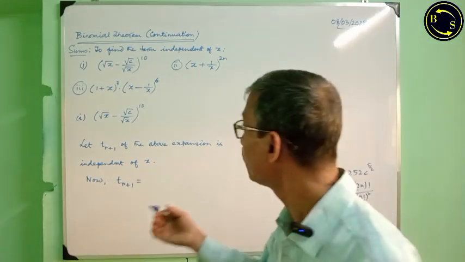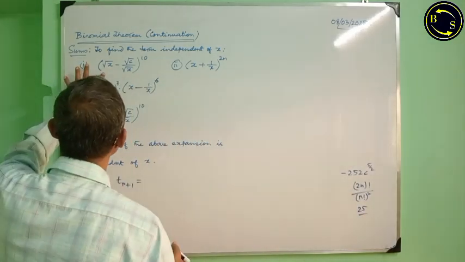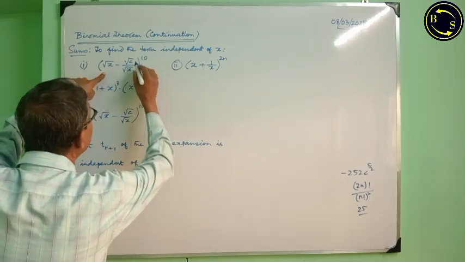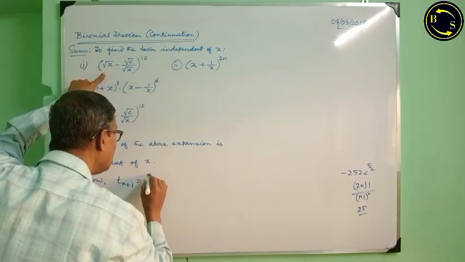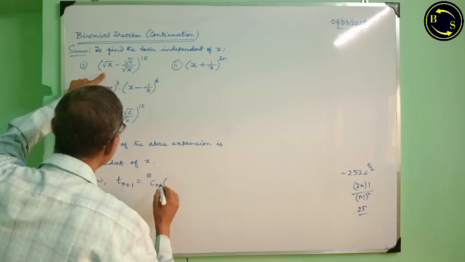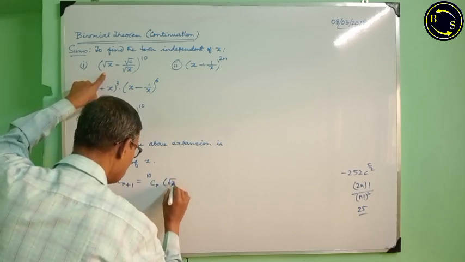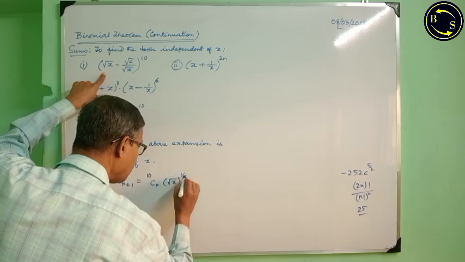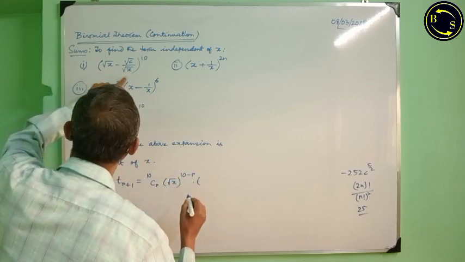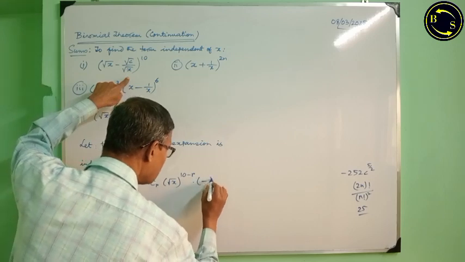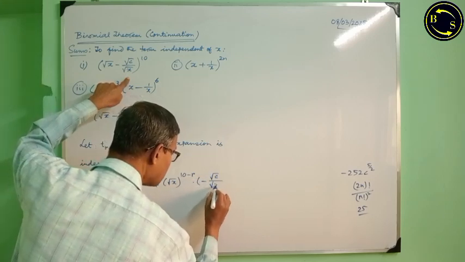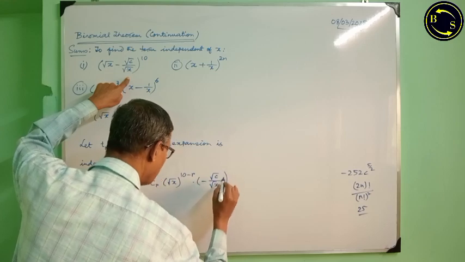Keeping that in mind, we write here a is root x, n is 10, 10Cr into a, means root x whole to the power 10 minus r, into minus root c by root x whole to the power r.